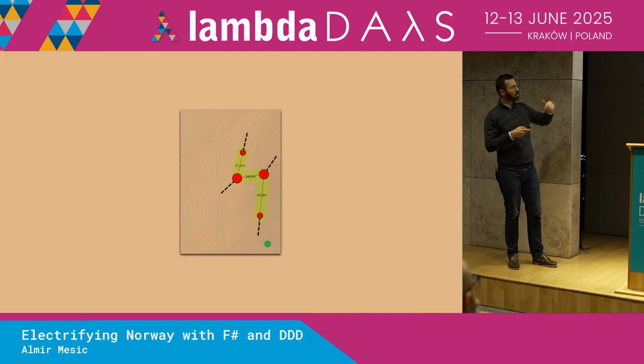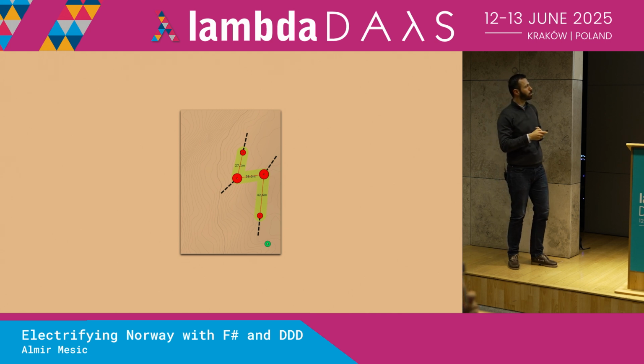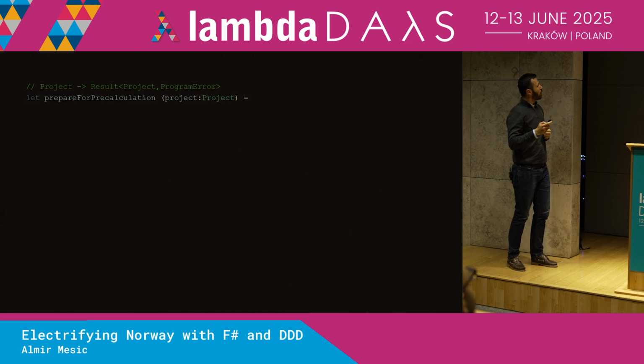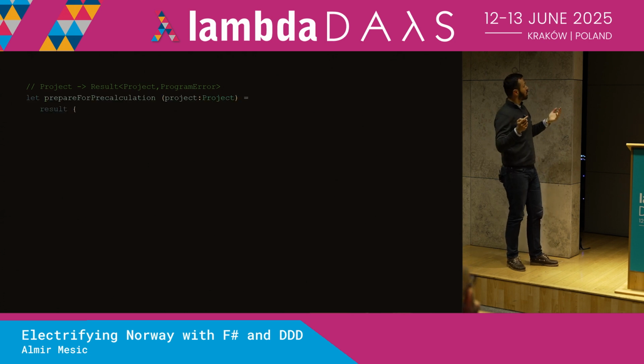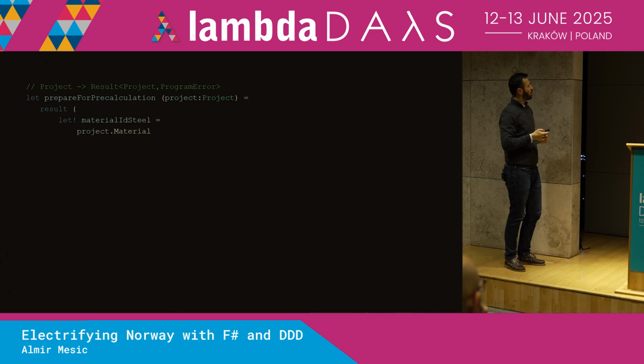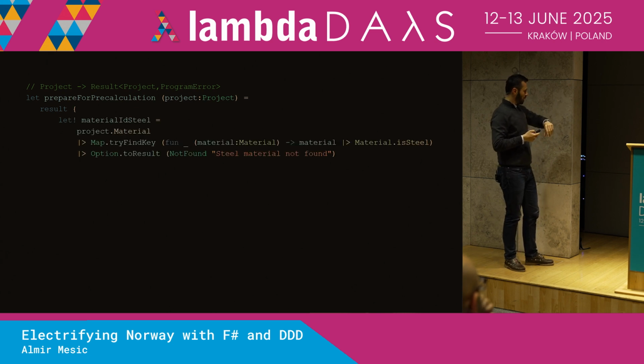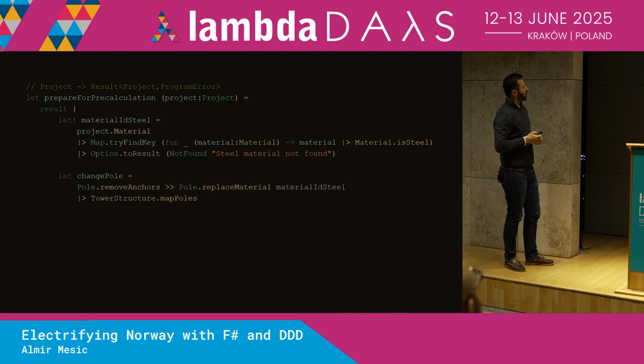So you get the most optimal angle, which in this case is usually in the middle of the angle of this side. The way this code looks is we pass in the entire model, in this case a project. We look for steel as a material. We create a function which strips all the anchors, and we replace the existing material with steel.